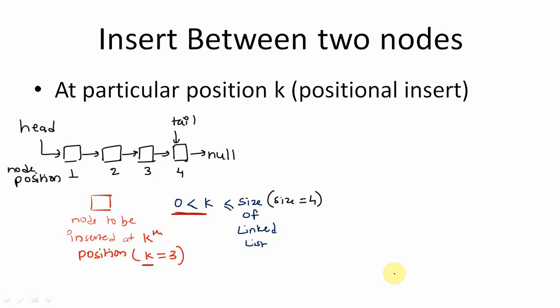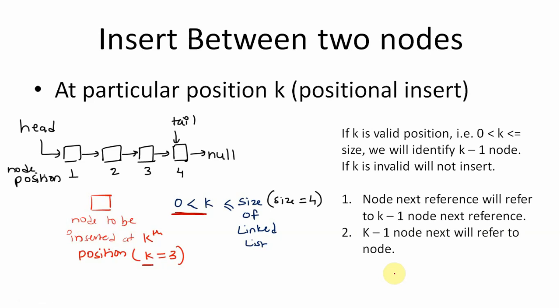The node's next reference will refer to the k minus 1 node's next reference, meaning now the node will refer to this particular node, and the k minus 1 node's next will refer to the node, meaning this will now refer to this particular node. In this manner we will insert the new node at the kth position.